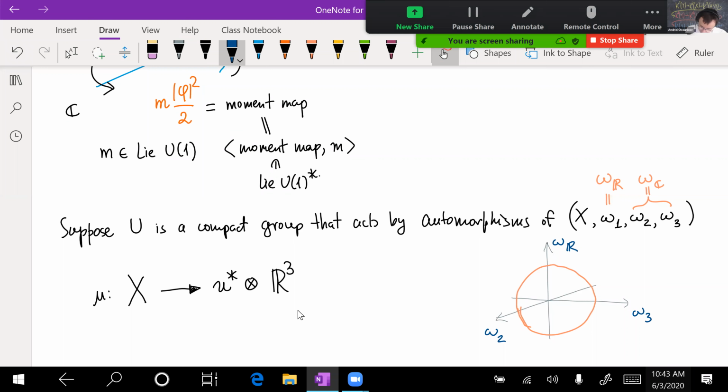But what we would like is to work equivariantly with respect to an action that doesn't necessarily preserve the hyperkähler structure, but rotates the sphere of symplectic forms. In other words, we're working equivariantly with respect to a group that rotates the sphere around the vertical axis, the way I drew it. So this is an extra U1 that rotates.